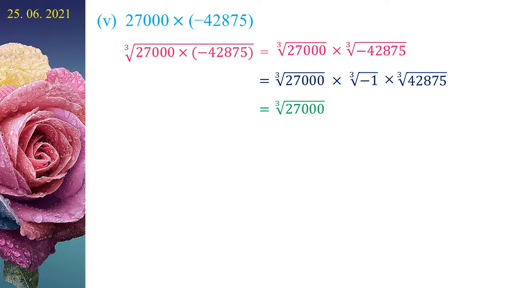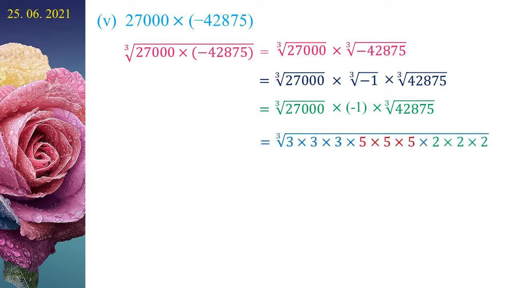So the cube root of minus 1 into the cube root of 42,875 equals the cube root of 27,000 into the cube root of minus 1, which is minus 1, because the cube of a negative integer is negative. So minus 1 into the cube root of 42,875.